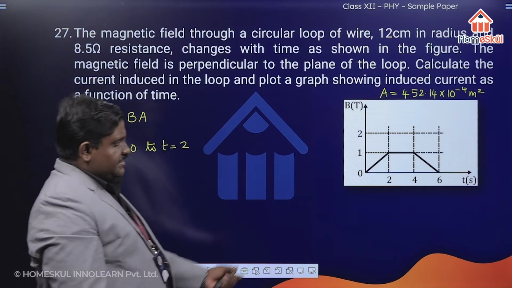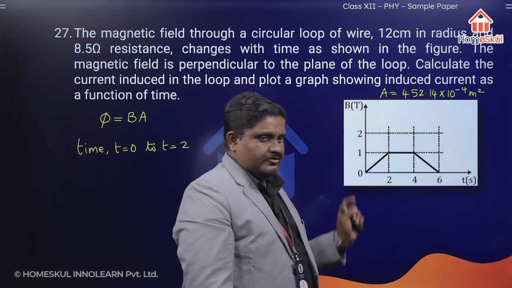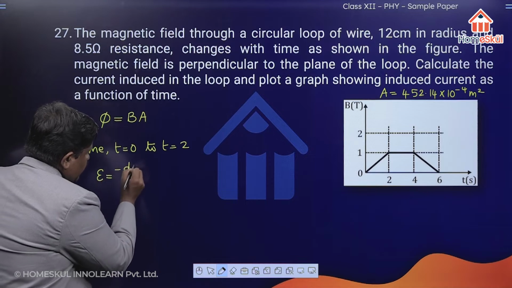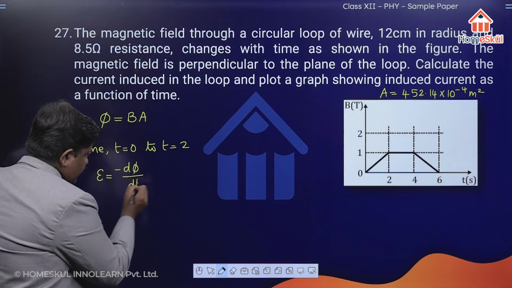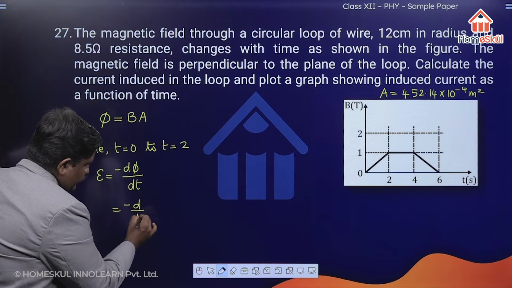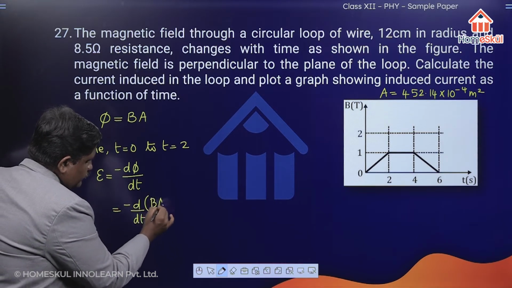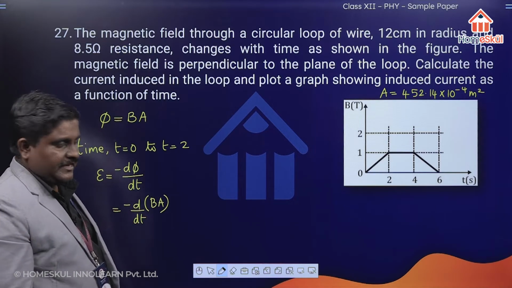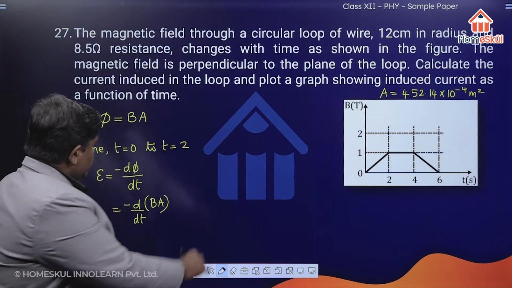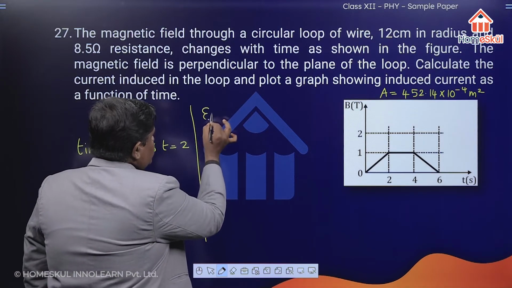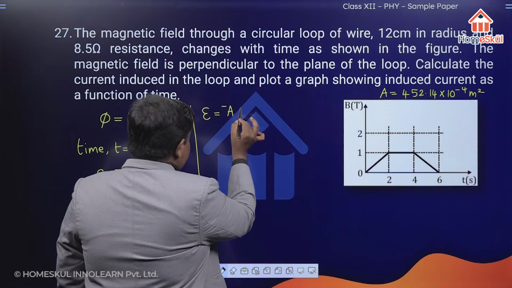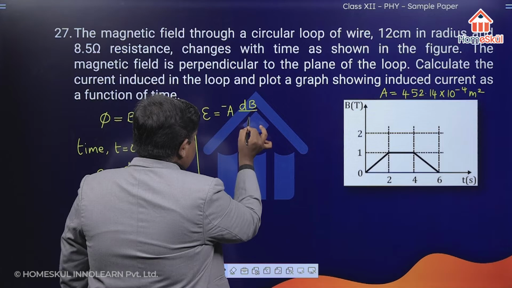For that, induced EMF equals minus d phi by dt, which is minus d by dt of B into A, that is the flux. Here the area is constant but the magnetic field is varying, right? So we write the induced EMF E is equal to, taking the area outside, minus A into dB by dt.